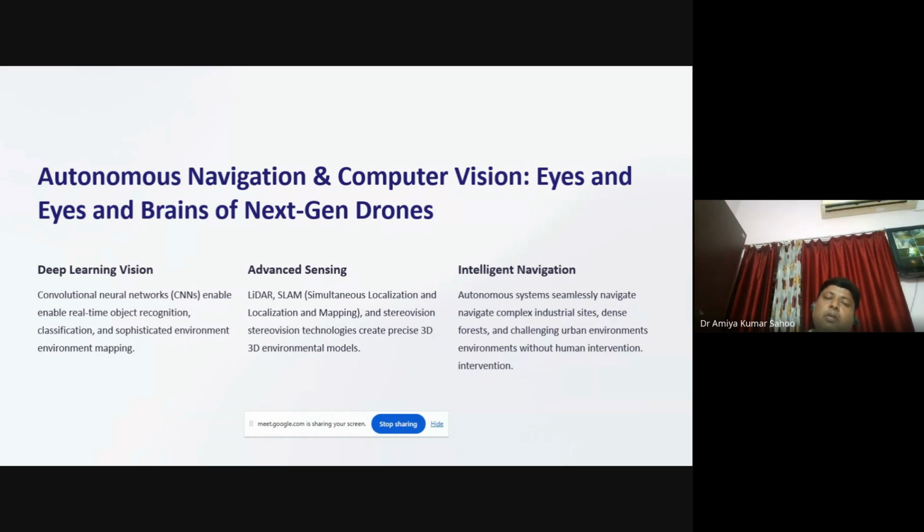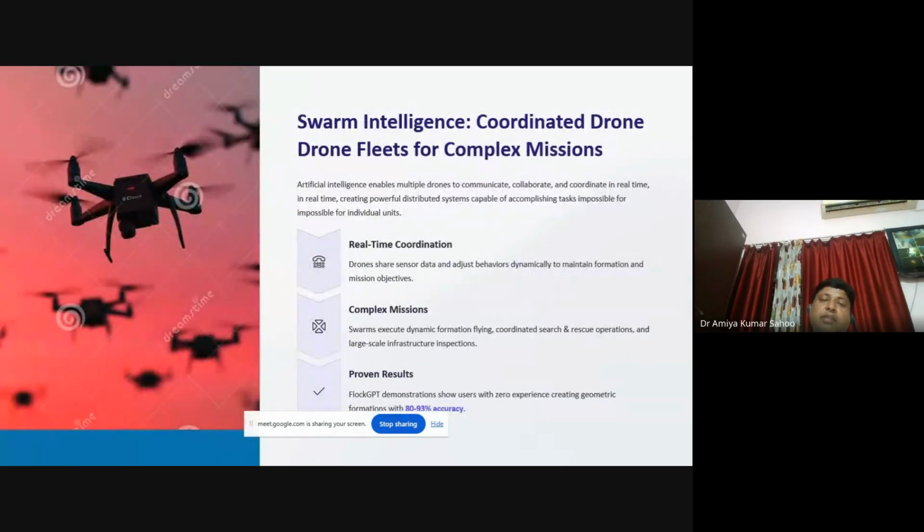If you look at advanced sensing, it is simulation and localization for different mapping, then stereo vision technologies which create 3D environmental models. With intelligent navigation, autonomous systems seamlessly navigate complex industrial sites, dense forests, and challenging urban environments without human intervention. That is intelligent navigation.